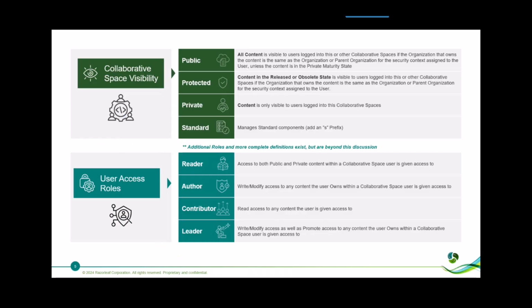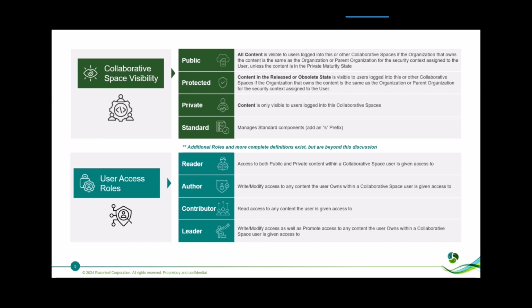So let's take a little more in-depth look at collaborative spaces, space visibility, and the user role. A public collaborative space means that all content added to that space is visible to everybody who has access to the platform. Protected is visible to users logged into that collaborative space if the organization that owns the content is the same as the organization or company that they belong to.